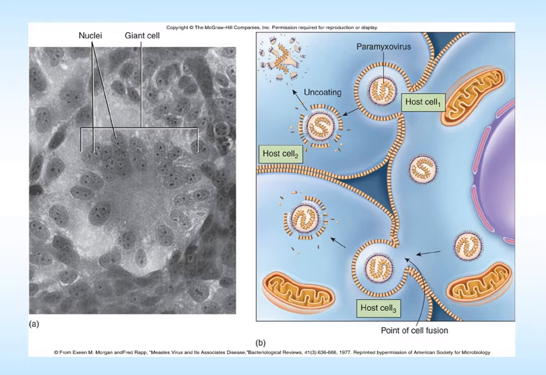In the right part you can see a real picture. It's the action of this type of virus on the host cell and the creation of a giant cell or syncytium with an abnormal number of nuclei inside one enormous host cell.